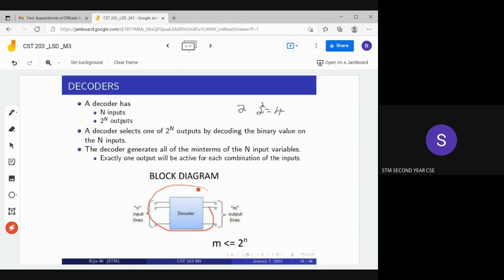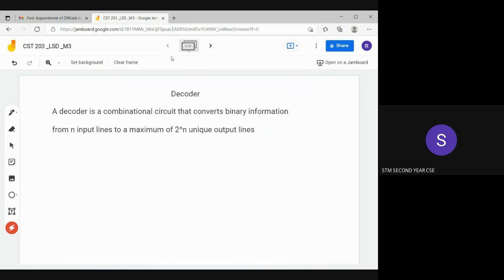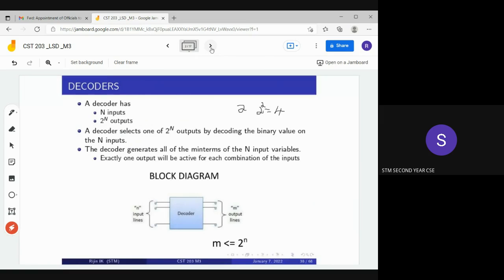So we can say that a decoder is a combinational circuit which converts the binary information from n input lines to a maximum of 2 raised to n unique output lines. Remember the points: a decoder has n input lines and a maximum of 2 raised to n output lines.